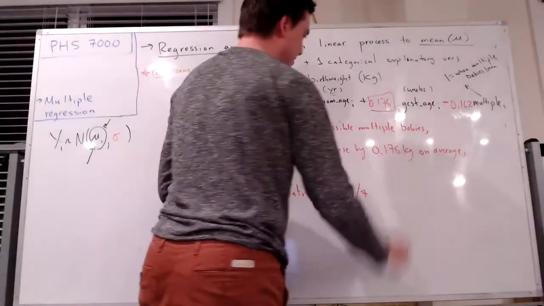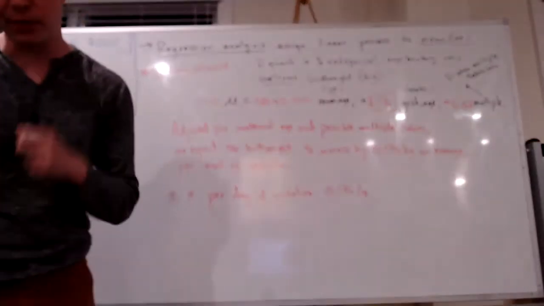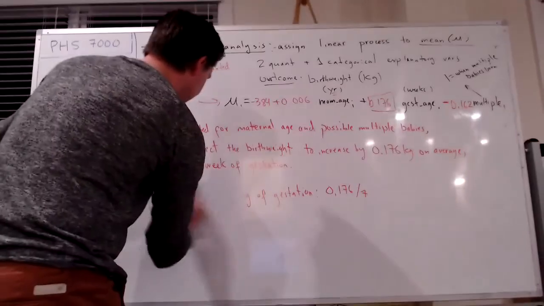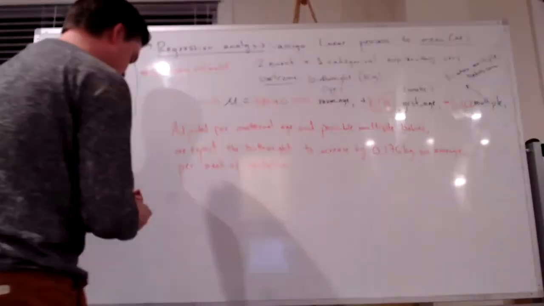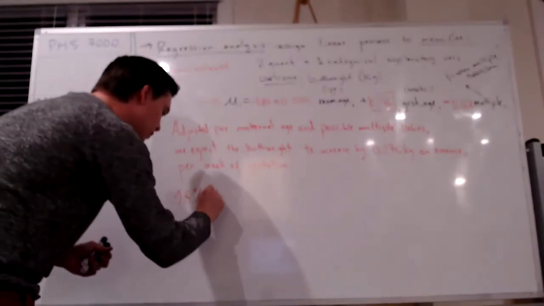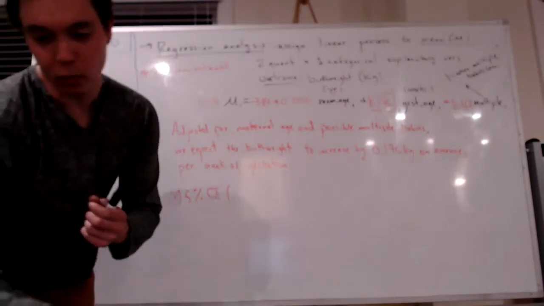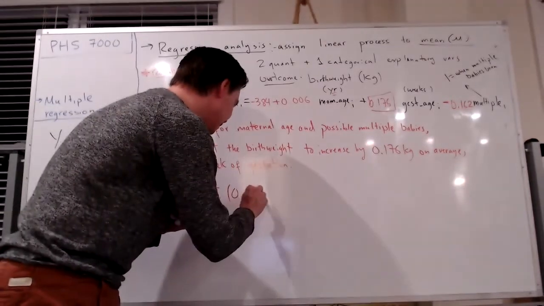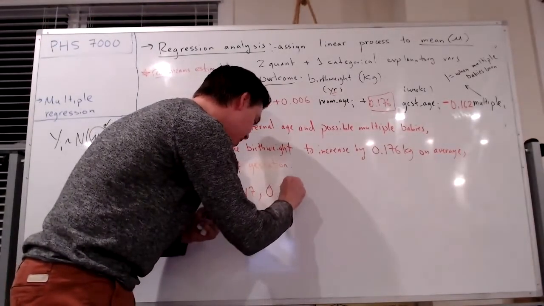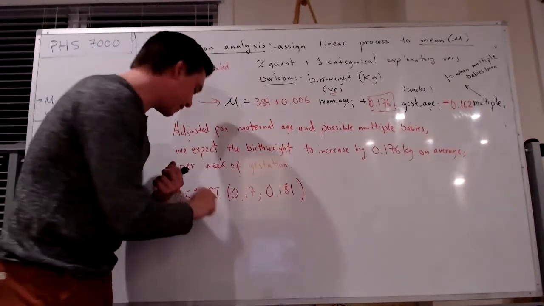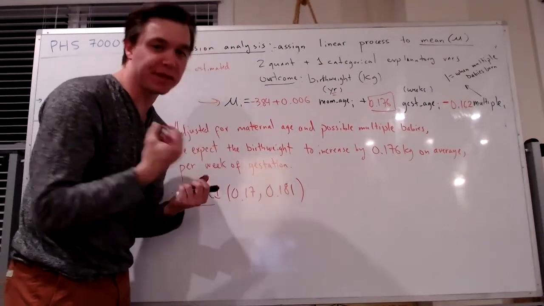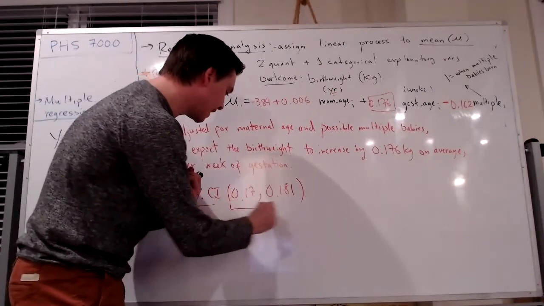Is this statistically significantly different than 0? You betcha. In fact, the 95% confidence interval for gestational age is 0.17 to 0.181. And this is what I say, that the confidence interval is so much more useful than a p-value, because look at how precise.